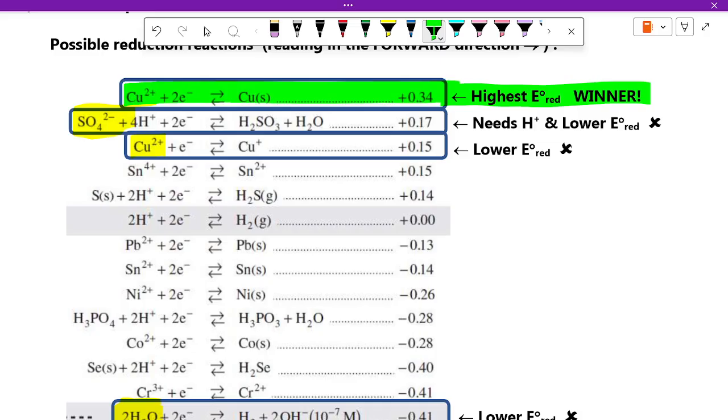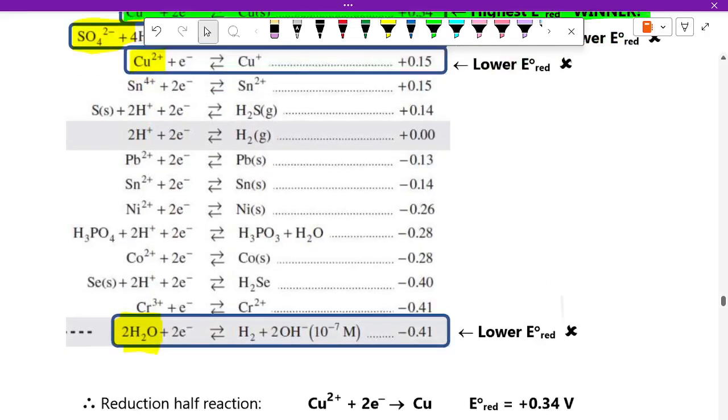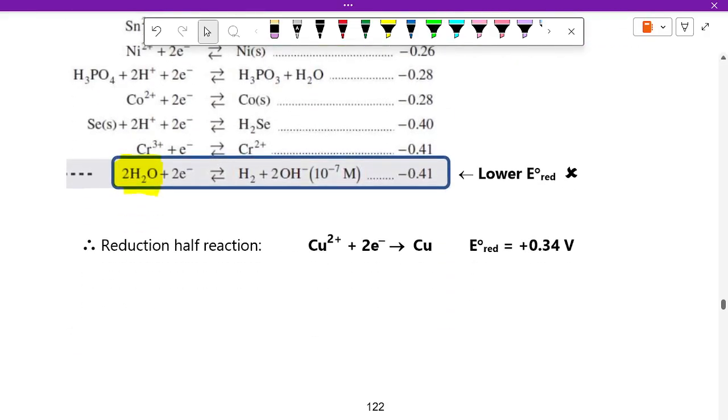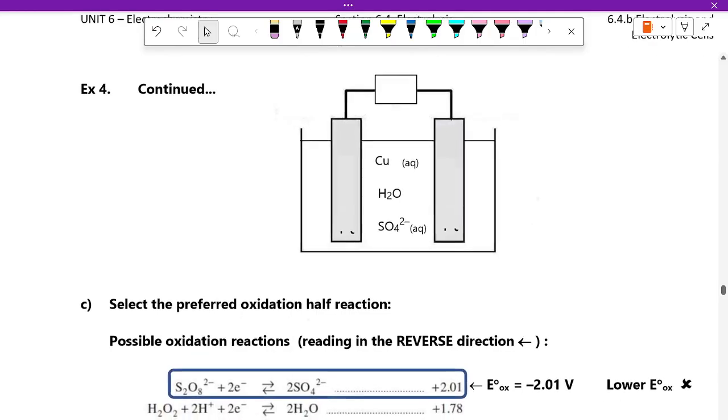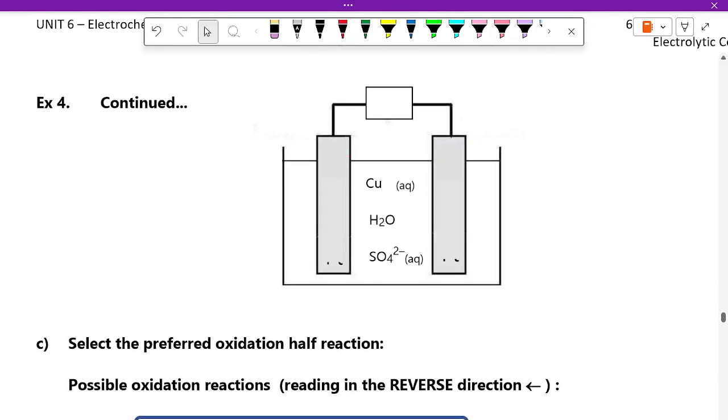So that is our reductions. Now for our oxidations, oh yeah, and there's our reduction half reaction. Let's go to our next page. And again, we're going to put DC. We're making this our positive, negative, electrons go.